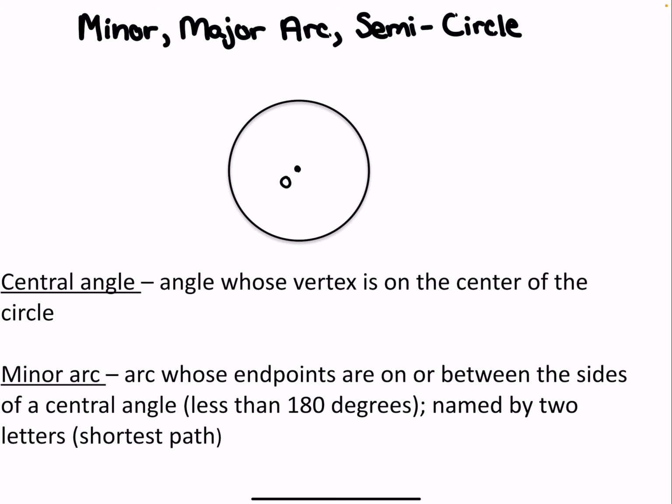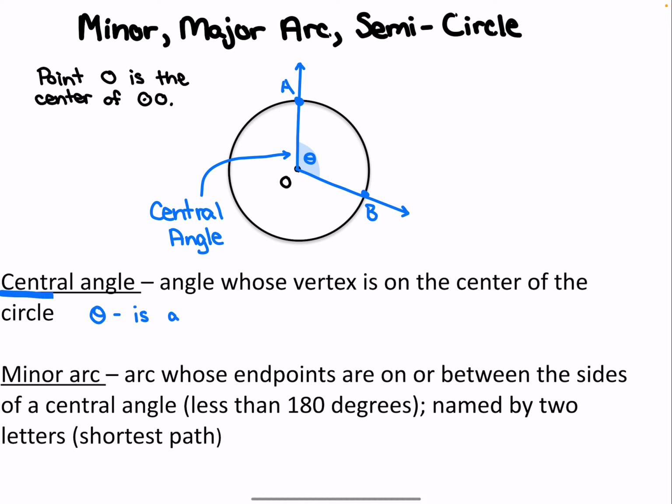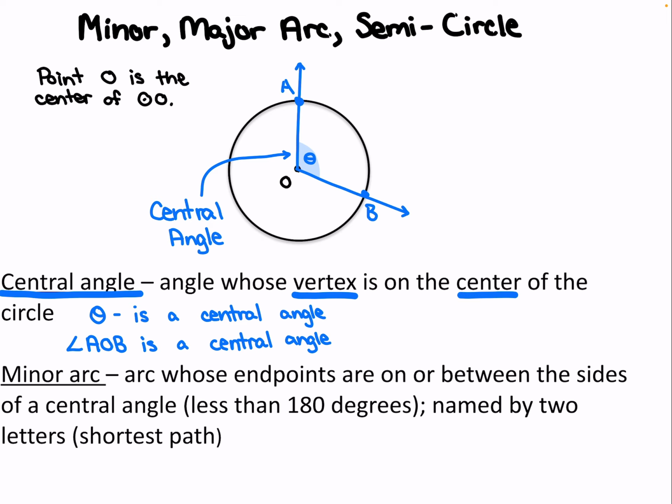Here's my central angle. I'll call it theta. And it's created by ray OA and ray OB. So there's a couple different names that I can give this angle. I can either give it angle theta, or I can give it angle AOB. Both of those are central angles.